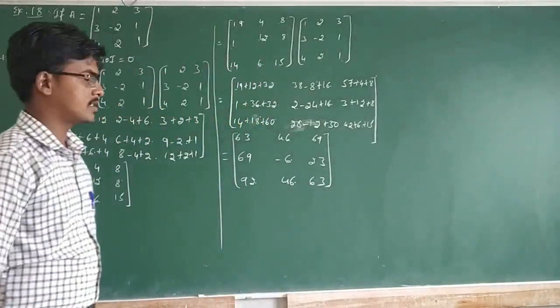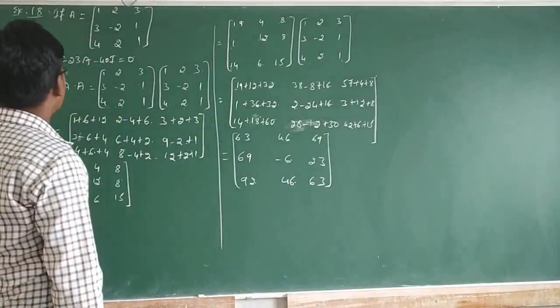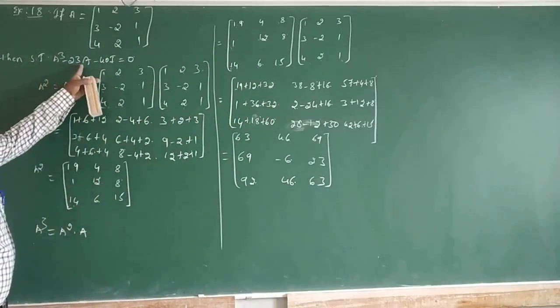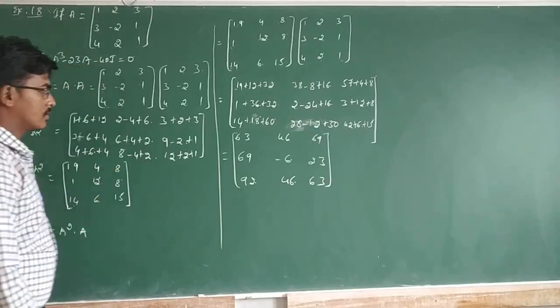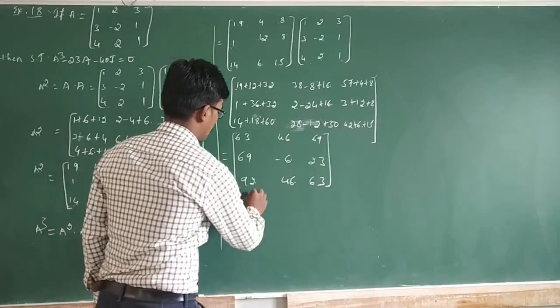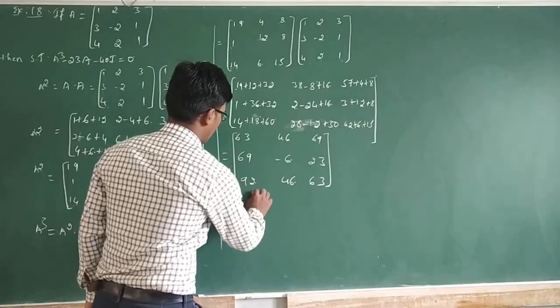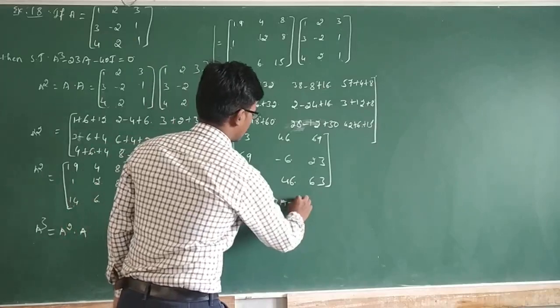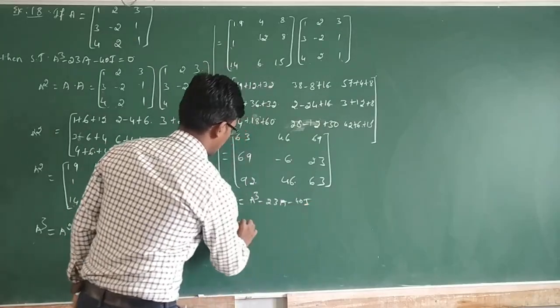Right? Check it. After that, we have to substitute a cube minus 23a minus 40I. LHS is equal to a cube minus 23a minus 40I. Substitute all the values.